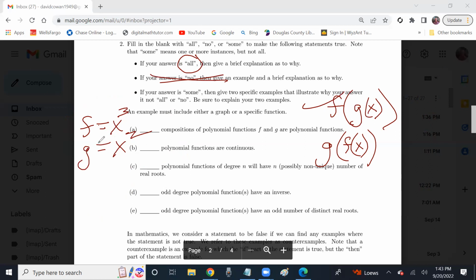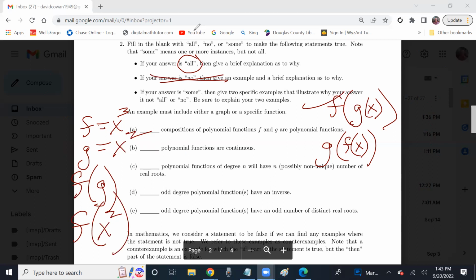This might actually be a good example. If I took f of g, well, that would mean f of x squared. No, that's still x to the 6th.